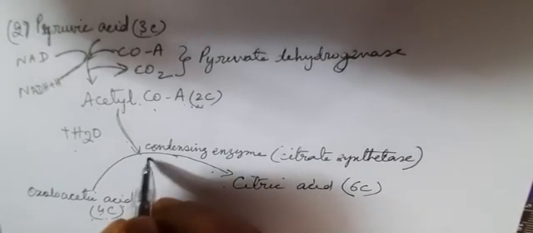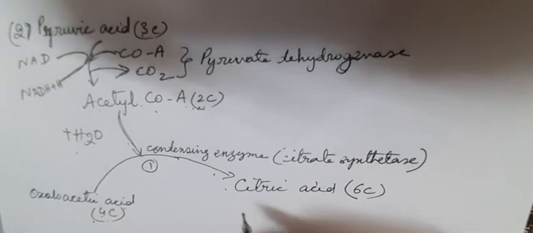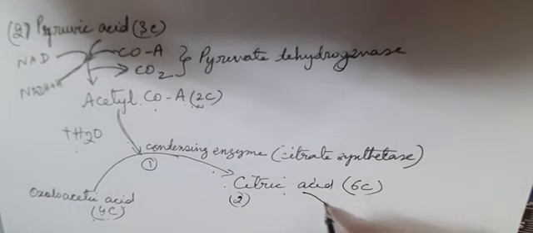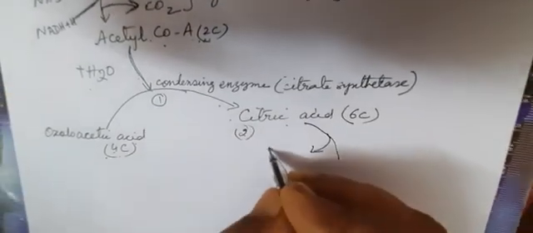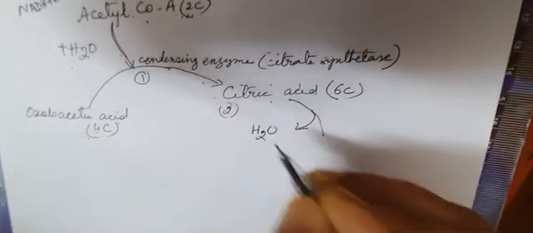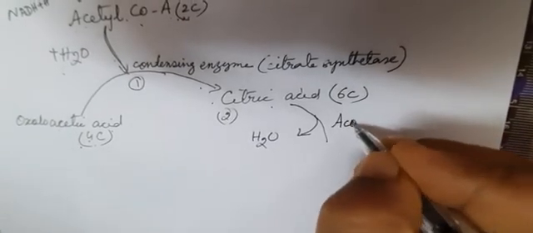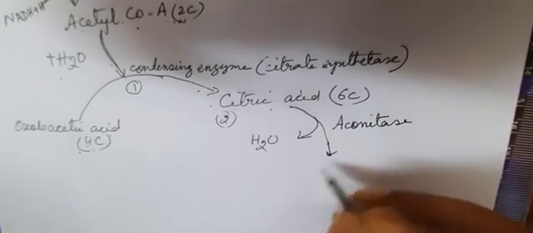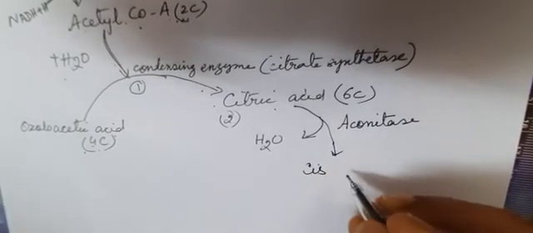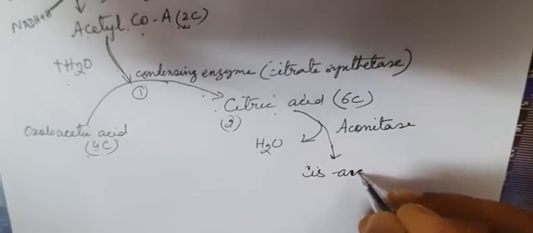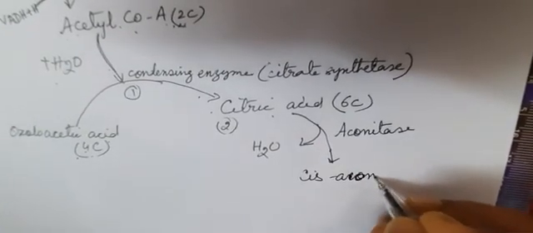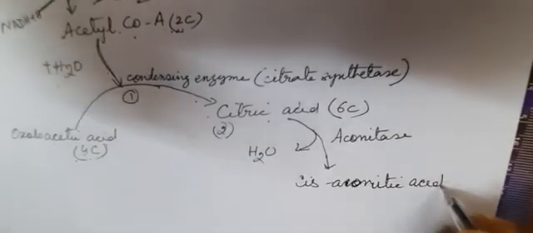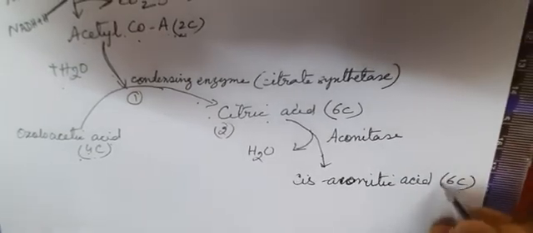So first reaction we can say this one, second reaction we can say this one, then next there will be the removal of a water molecule in the presence of enzyme aconitase, and it will form cis aconitic acid. This is also a 6 carbon compound.